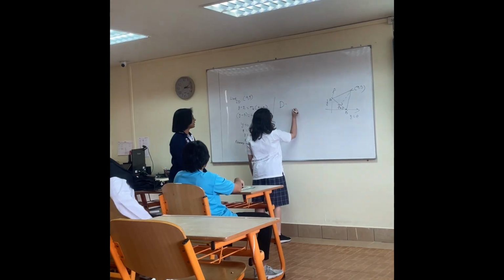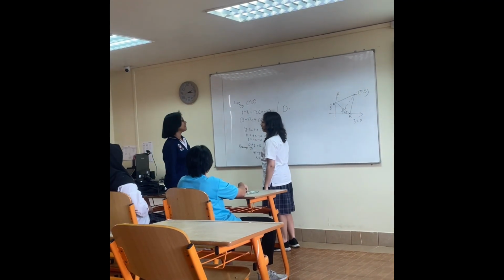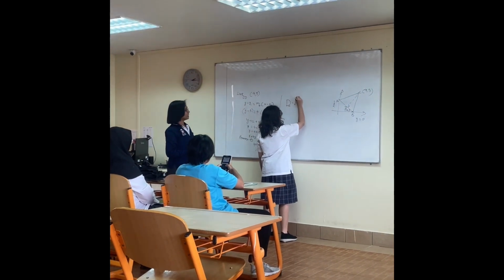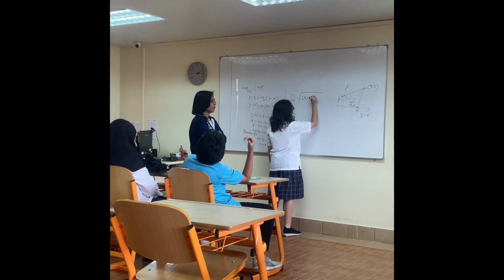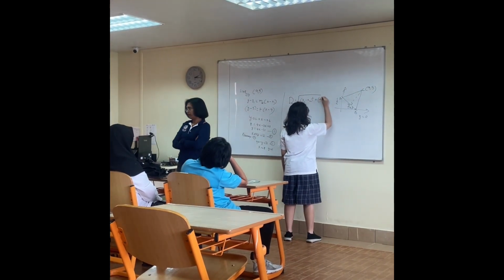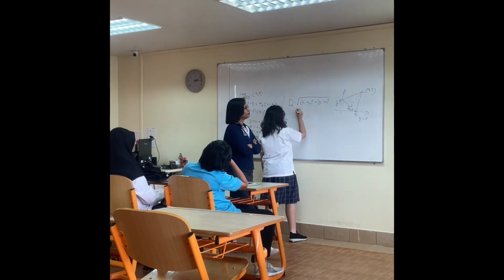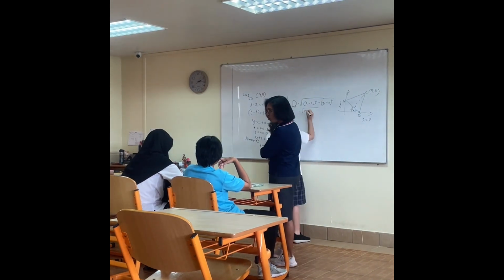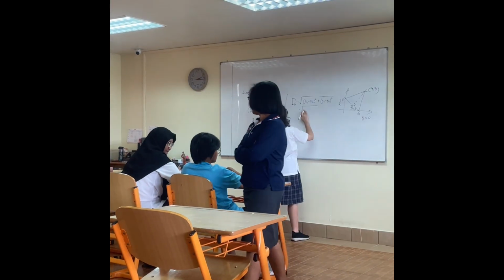Okay, we need not D. We need the length of C to D. Please write here C. So it's the symbol. Is it plus? Plus 5. What is the length of AB? We already wrote it.